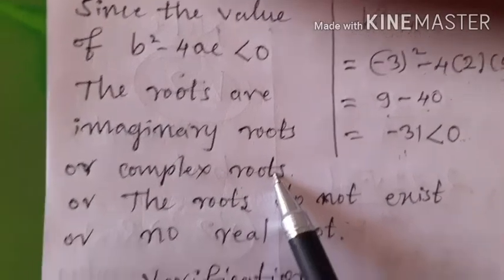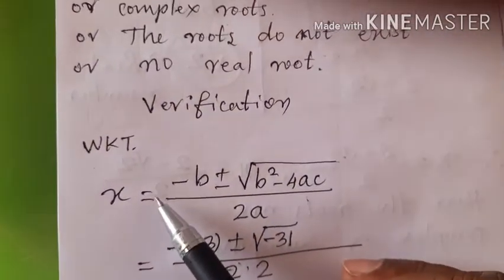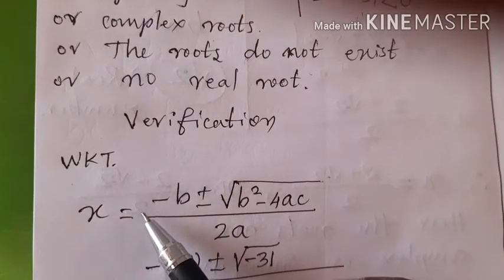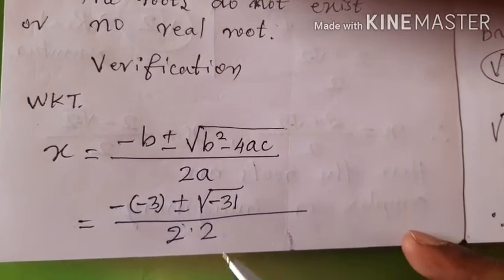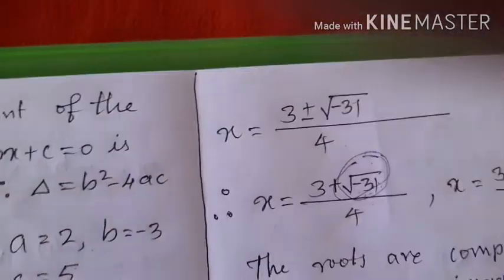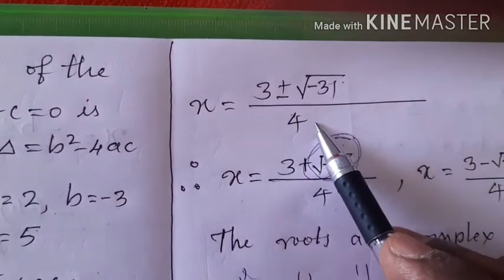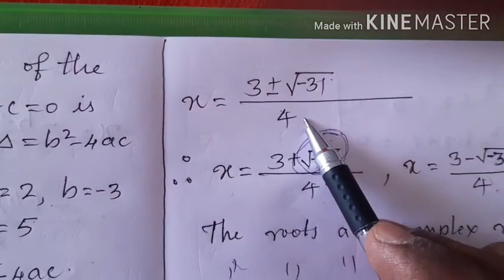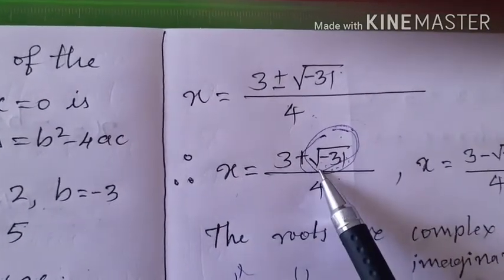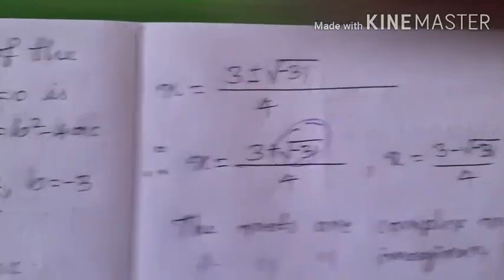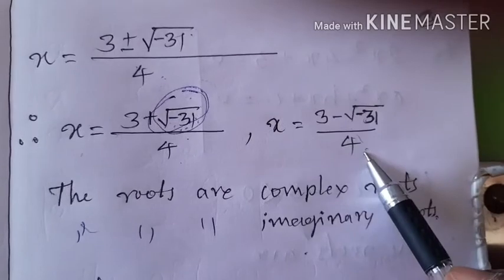Okay, let us do the verification, right? To find the roots of this equation, actually we use this formula, and after substituting the values, I get x is equal to 3 plus or minus square root of minus 31 upon 4, right? So children, here the roots are x is equal to 3 plus root minus 31 upon 4, or x is equal to 3 minus square root of minus 31 upon 4.